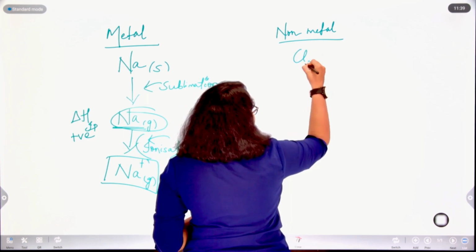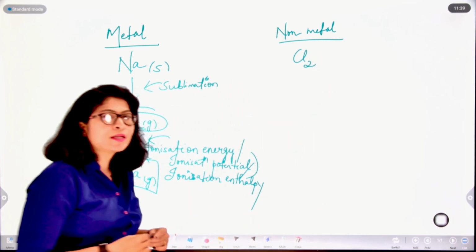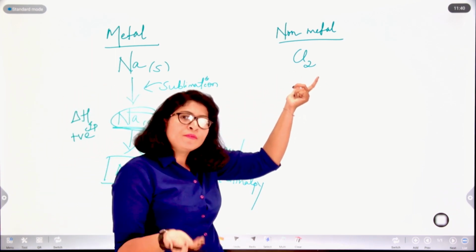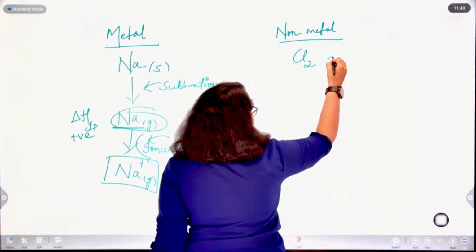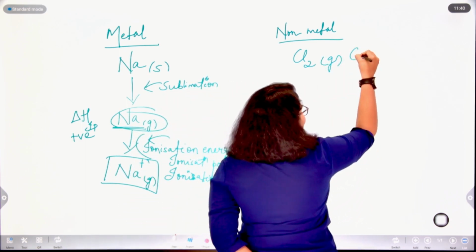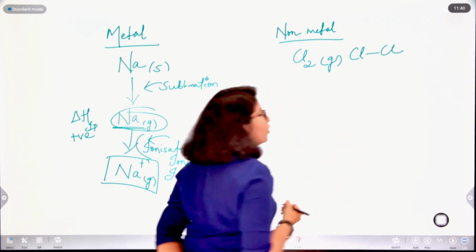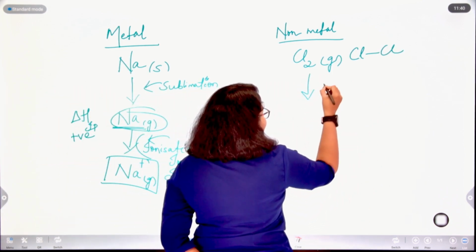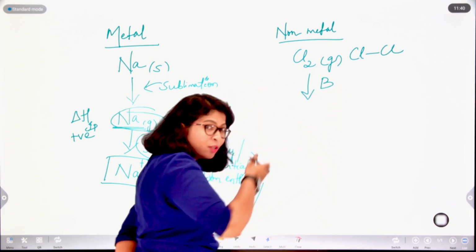Now let's see about chlorine. Chlorine is a non-metal. Now chlorine exists as Cl2. Chlorine, a non-metal, always exists in the gaseous state. So chlorine is present as a gas. Here, two chlorine atoms are bonded to each other, right? So first we have to give some energy to break the bond.